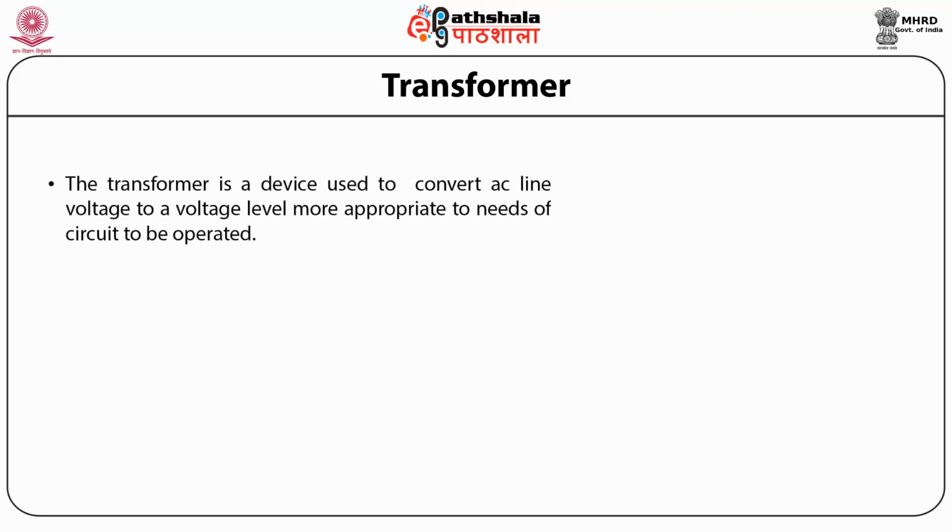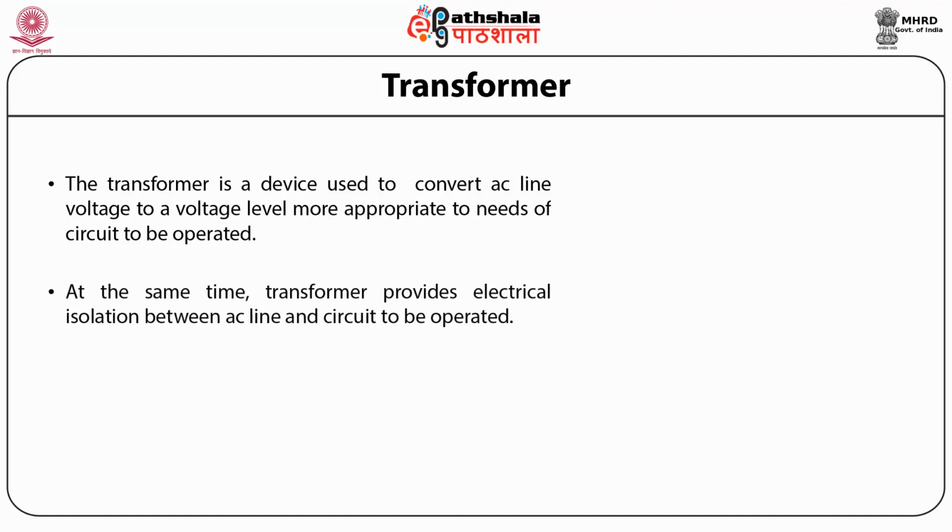The transformer is a device which is used to convert the AC line voltage to a voltage level more appropriate to the needs of the circuit to be operated. At the same time, the transformer provides electrical isolation between the AC line and the circuit to be operated.